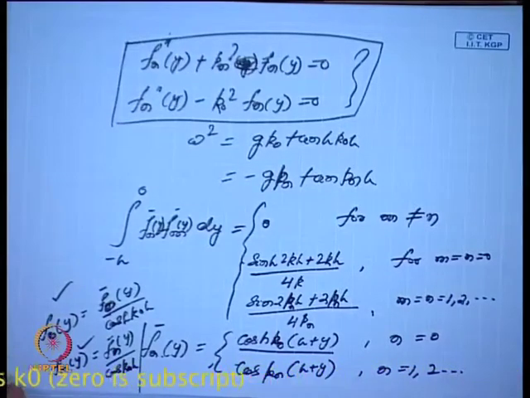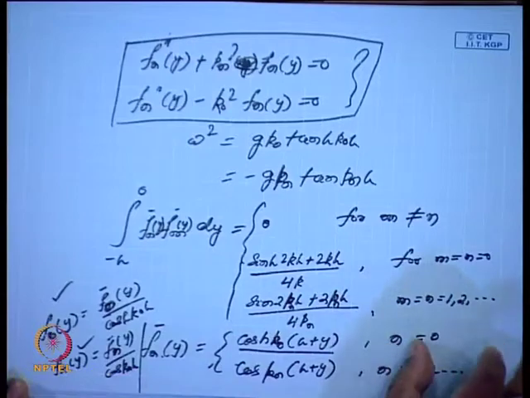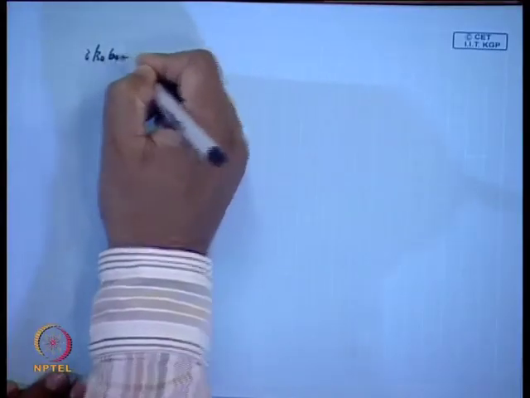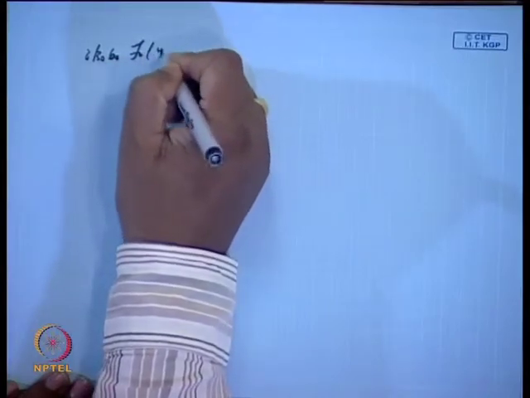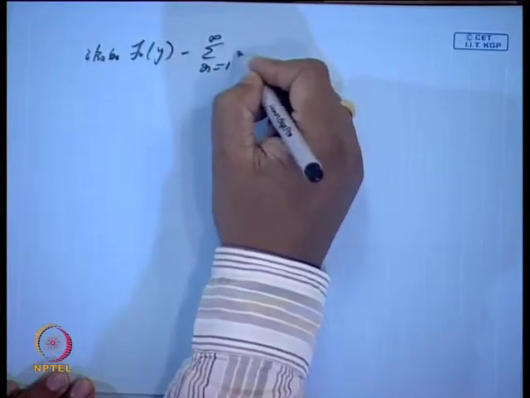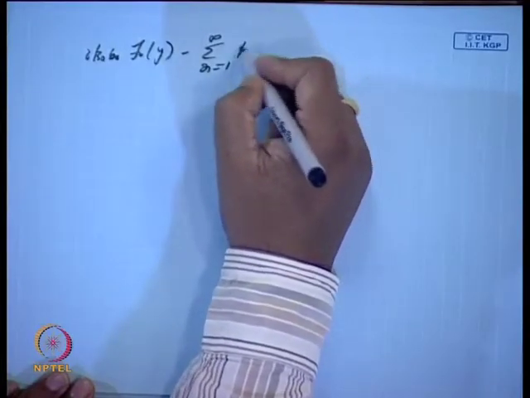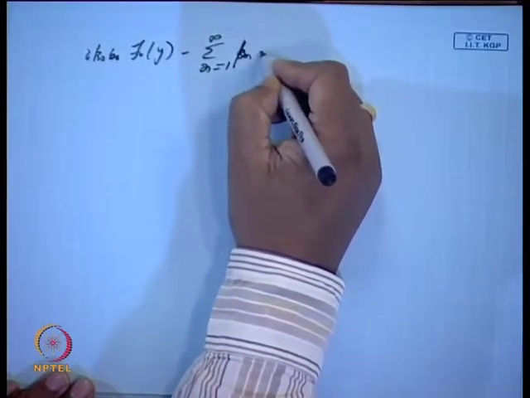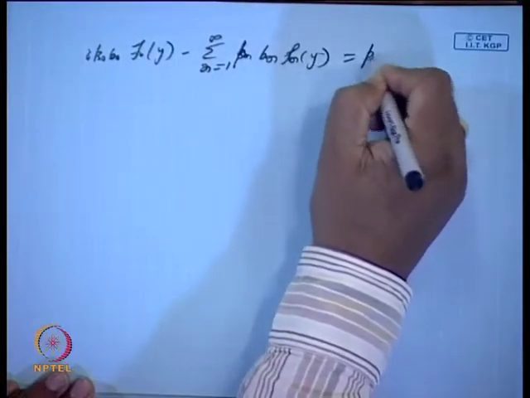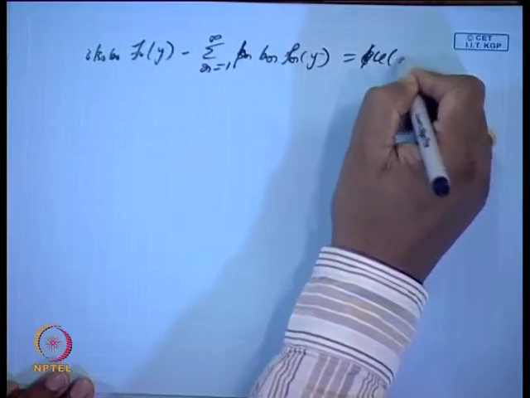That gives us the beauty of this, and you will utilize it, because my original equation is i k_0 b_0 f_0(y) minus the sum over n equal to 1 to infinity of k_n b_n f_n(y) equal to my u(y).